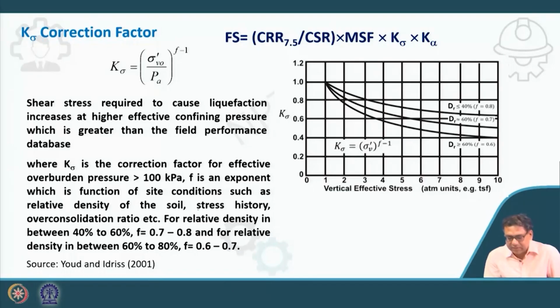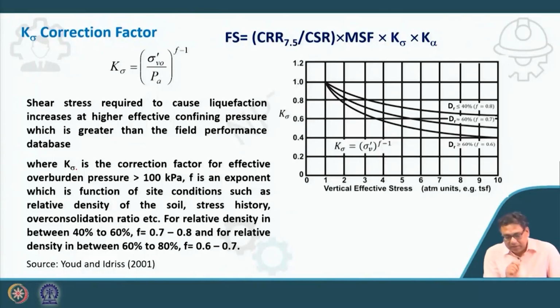So this is the range. K sigma is the correction factor for effective overburden pressure greater than 100 kPa, and F is an exponent which is a function of site conditions such as relative density of the soil, stress history, over consolidation ratio, etc.